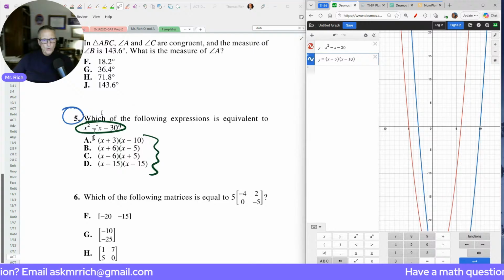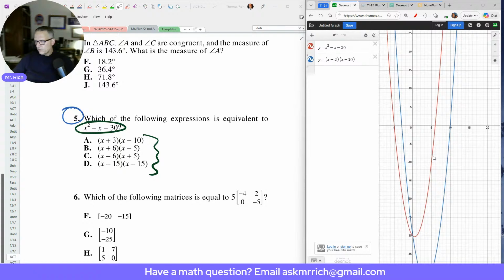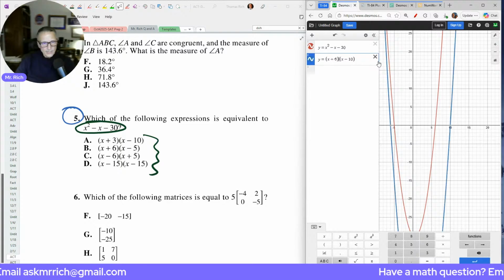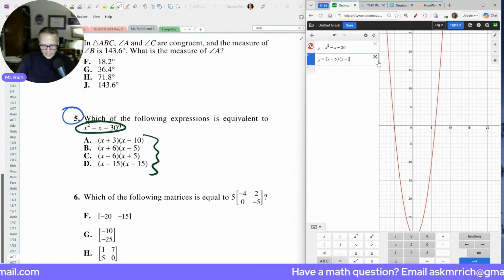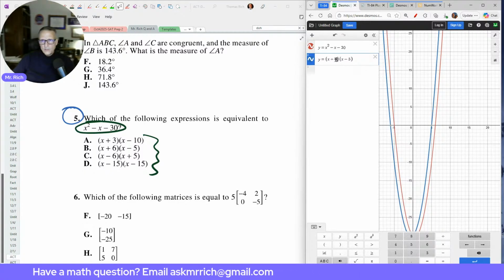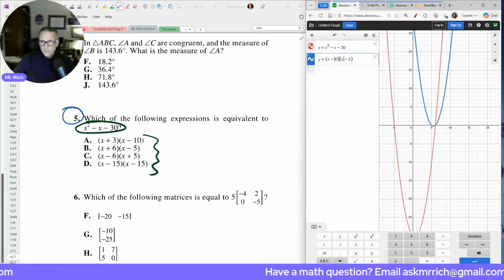And so if I do x plus 3 times x minus 10, obviously those graphs don't overlap, so that's not the right answer. If you modify that to an x plus 6 and then change this to an x minus 5, again, not a match, although it looks pretty close. So then change this to x minus 6. Let me enlarge this just a bit for you all so you can see it a little better.